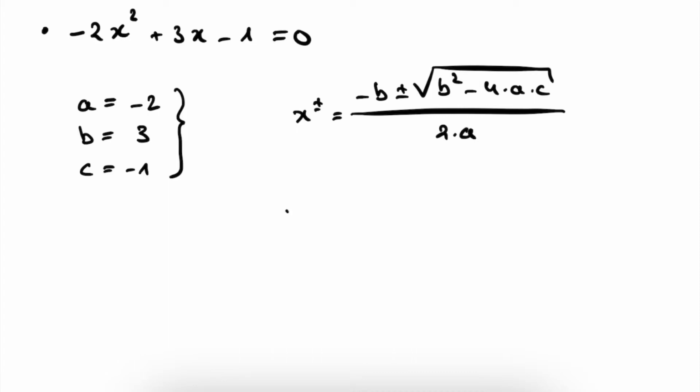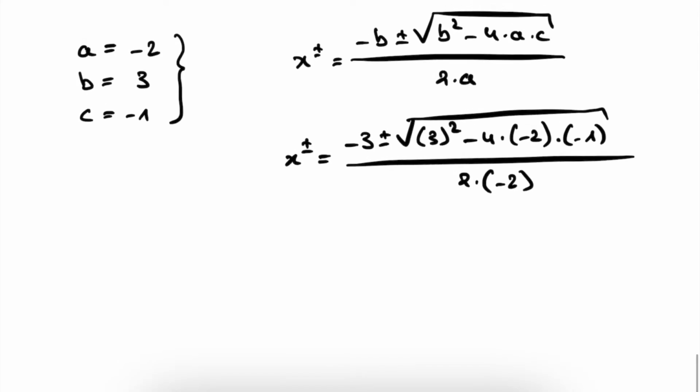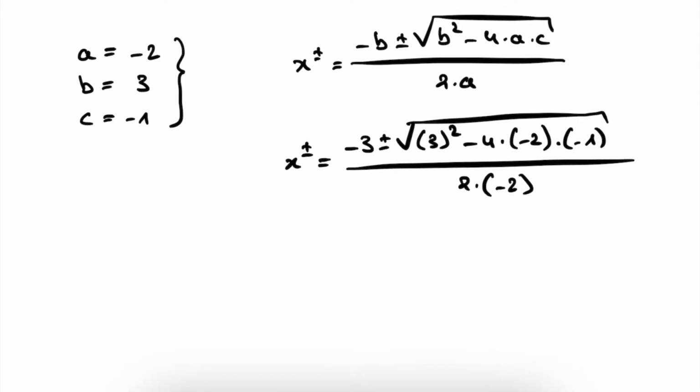So in our case now, x plus minus is equal to minus b, which is minus 3, plus minus the square root of 3 squared minus 4 times minus 2, times minus 1. And we divide this by 2 times a, which is minus 2. So here we have to keep the minuses in mind. So we have to really focus so that we don't make any mistakes on the minuses. Let's see what this gives us.